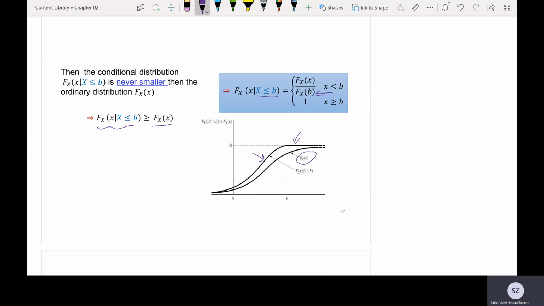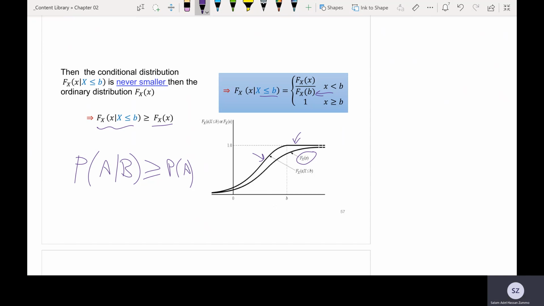Like when we were talking about rolling a die: how many elements in the sample space? 6, right? Now if I tell you that the outcome was an even number, how many are in the sample space? 3. So it's smaller. Always when you condition, the sample space decreases. So the conditional probability is always larger than or equal to the non-conditional probability. Always. Let's write it here: the probability of A given B in general is always larger than or equal to the probability of A. This is always.